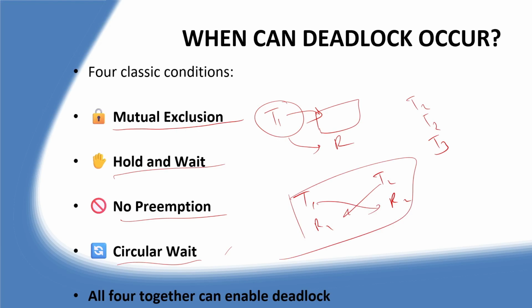If we design our system so that at least one required condition cannot hold, we can prevent deadlock. For example, consistent lock ordering, meaning the order should be the same, is designed to eliminate this kind of circular wait.